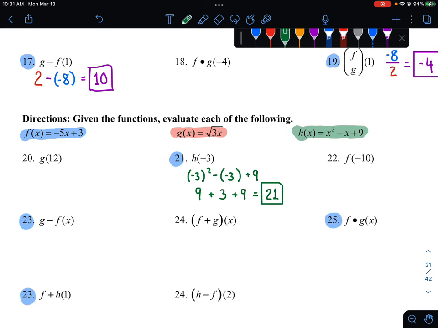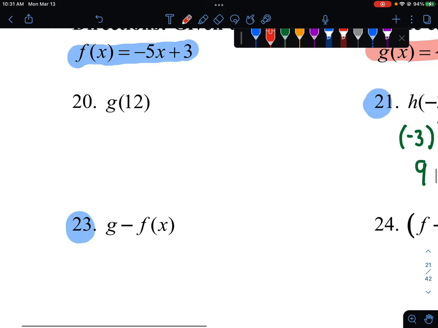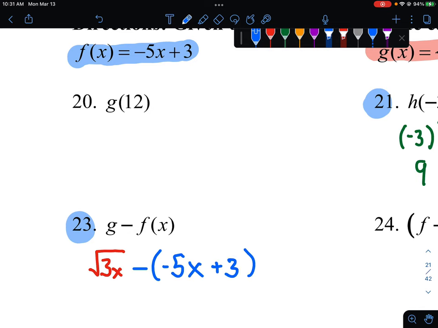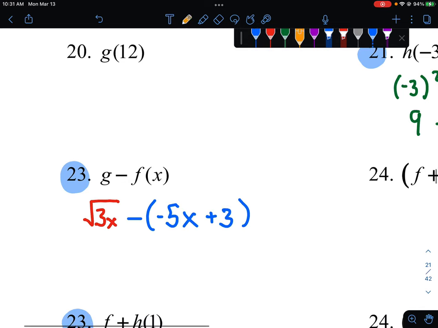All right. The operations work the same way. You have to be careful what you're doing. For 23, they want me to do g minus f of x. Now, what is g? G is the square root of 3x. What is f of x? Well, I'm going to subtract negative 5x plus 3. And on this one, I want to combine like terms where I can.